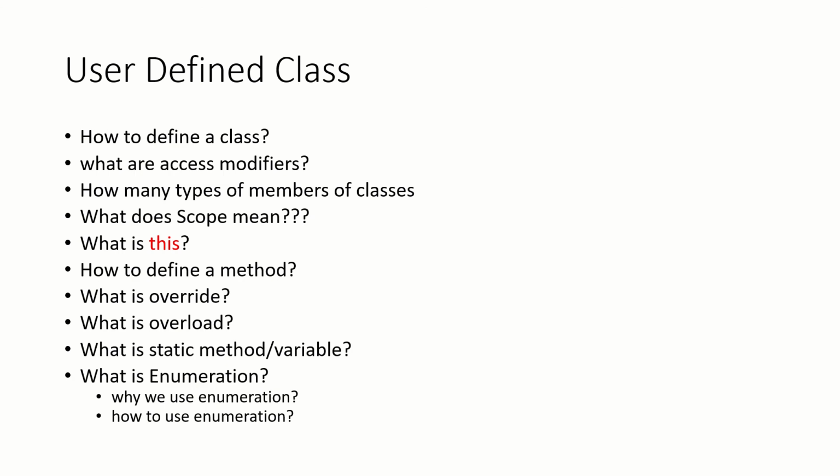Then we talk about enumeration. What is enumeration? Enumeration helps you categorize the different categories, and for each category you can call it using an index as well. It's very similar to an array, but they are not arrays.